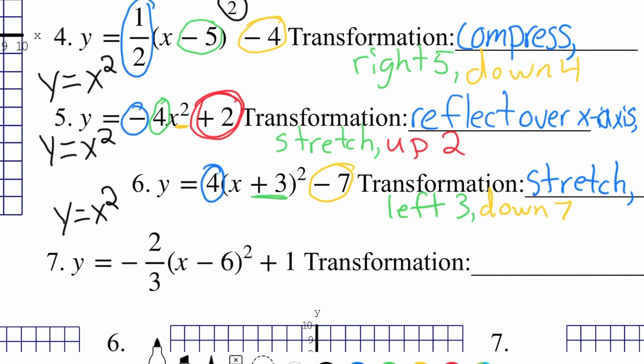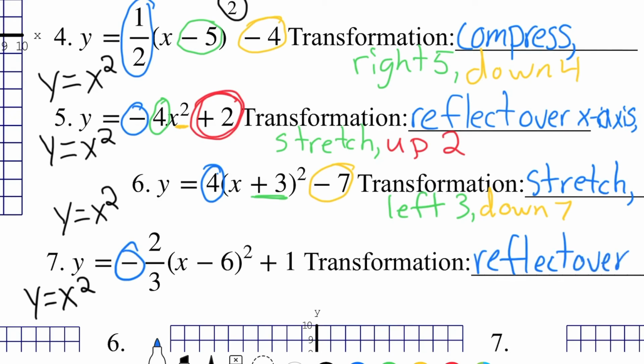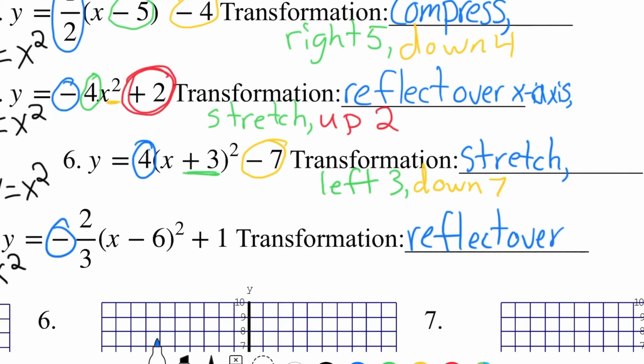Then lastly, number 7, parent function is y equals x squared. Our negative is telling us reflect over x-axis. Our 2/3 is less than 1, so it is going to be a stretch.